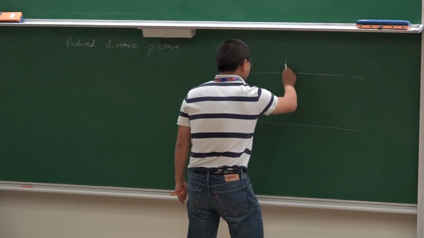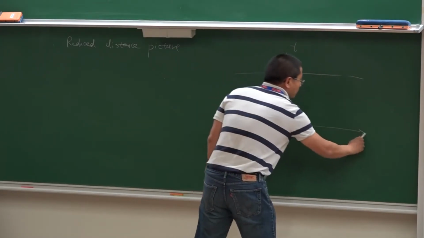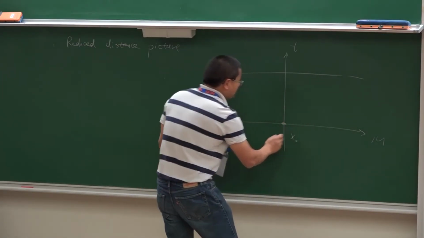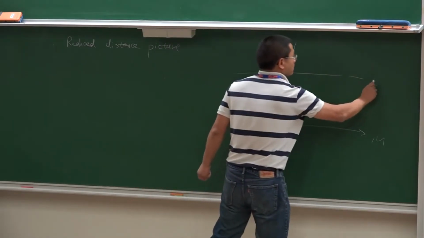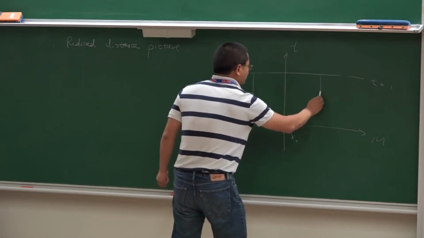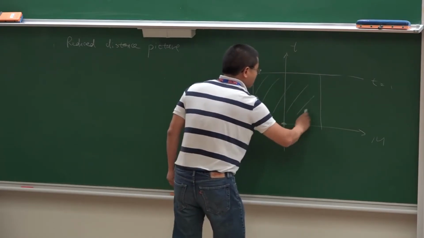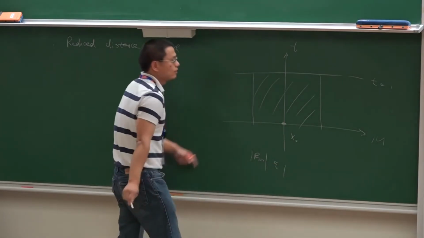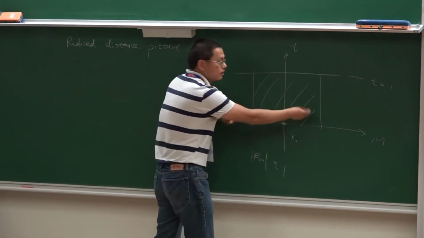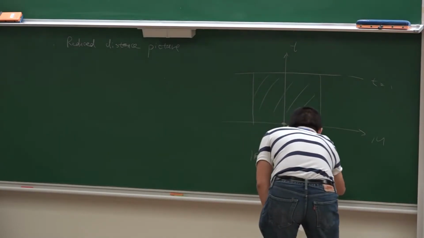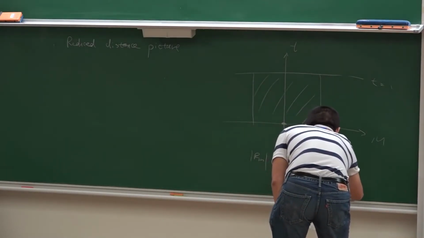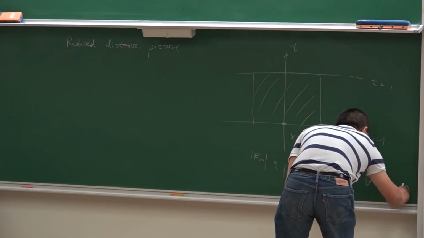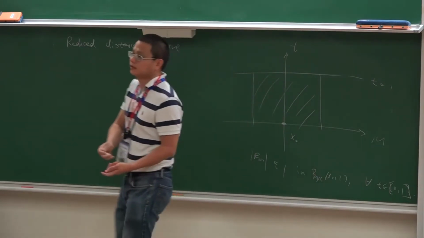Again, I use the horizontal direction as the manifold direction. I choose the base point x0 here, and I assume there is a space-time such that the curvature is uniformly bounded in this space-time, in the ball of g(t) of x0, 1 for every t in [0,1]. So the curvature is uniformly bounded.